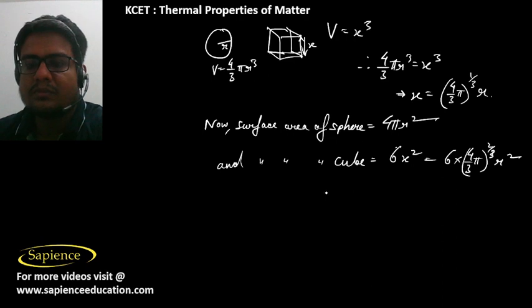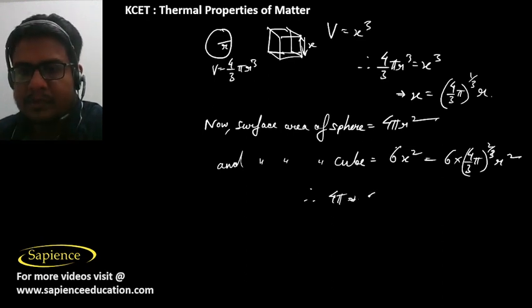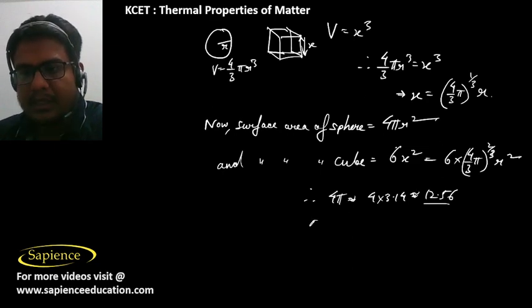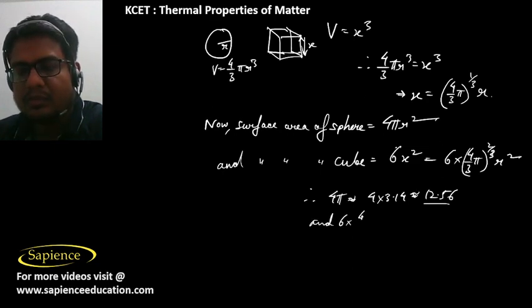Now if we take the ratio, 4 pi is approximately 4 into 3.14, that is 12.56 approximately.